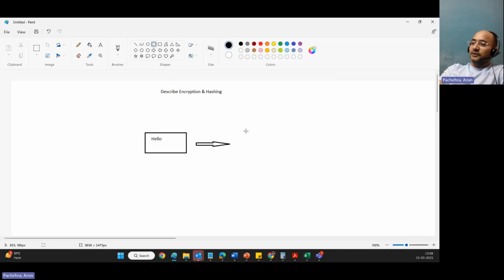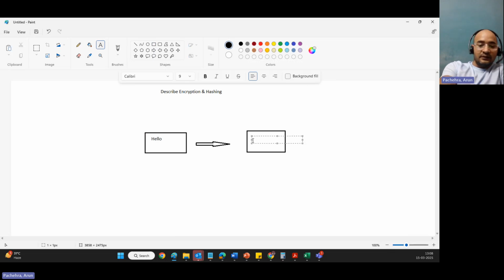It will be something like this, which you must have seen. So this is encryption, when the plain text is no more plain text and you cannot read it. It becomes unreadable.